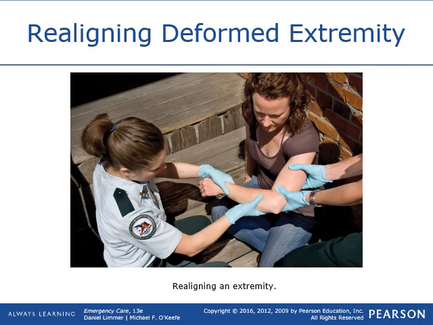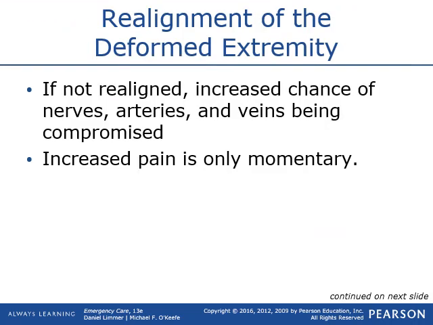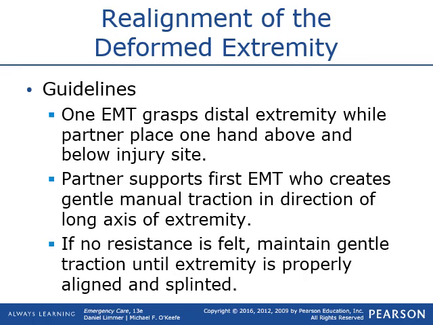Here's trying to realign the extremity. If not realigned, there's an increased chance of nerves, arteries, and veins being compromised. Increased pain is only momentary. So the guidelines for it: one EMT grasps the distal extremity while the partner places one hand above and below the injury site.